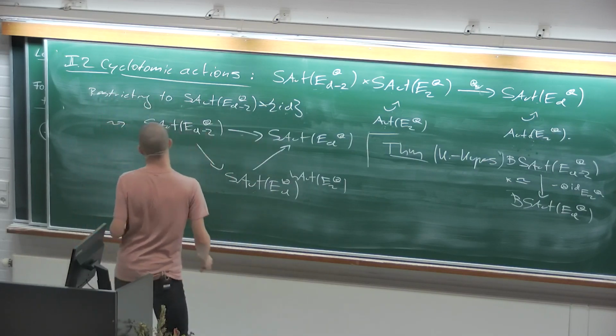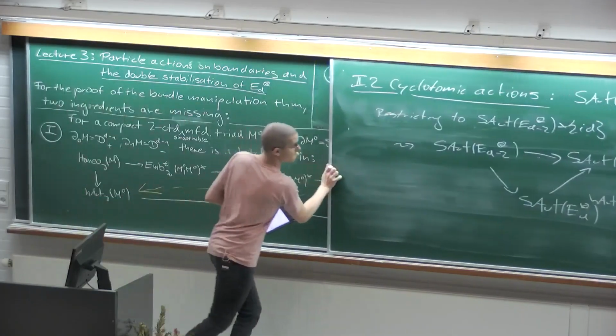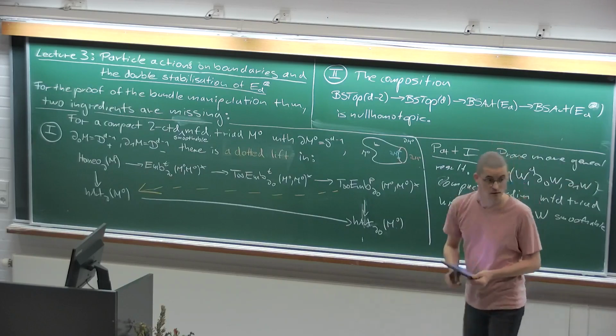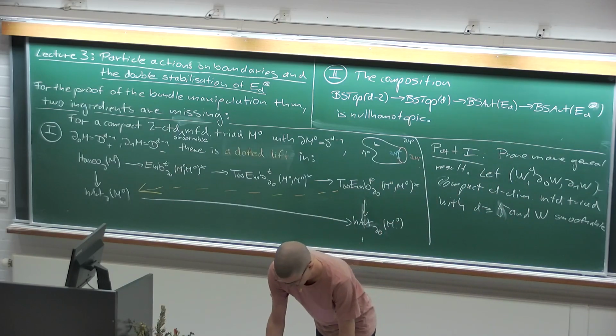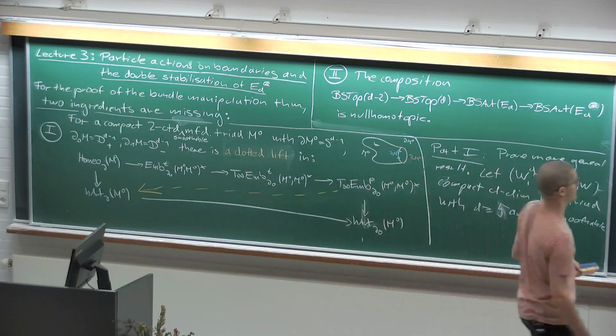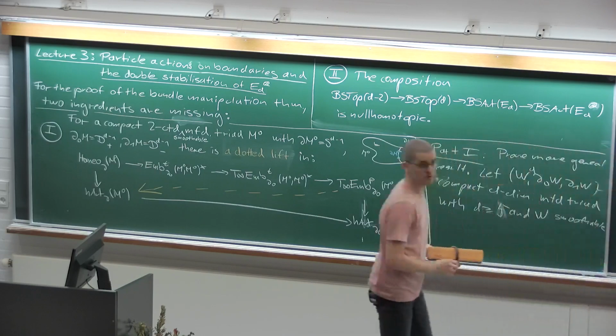This is what we're going to show. It is really contractible, yes. I should, okay, if I want to be cleaner, I should have de-looped everything here. And then this will be contractible.